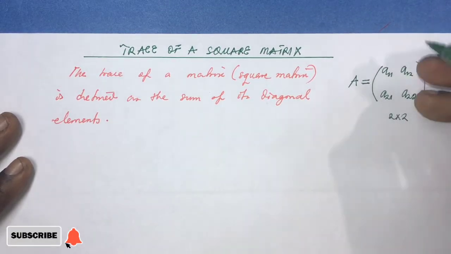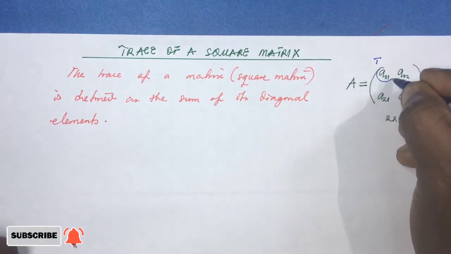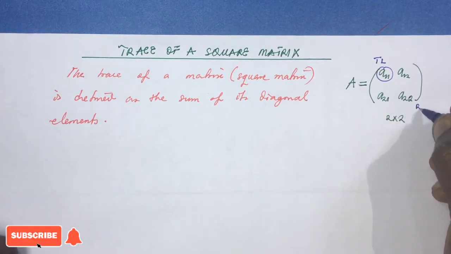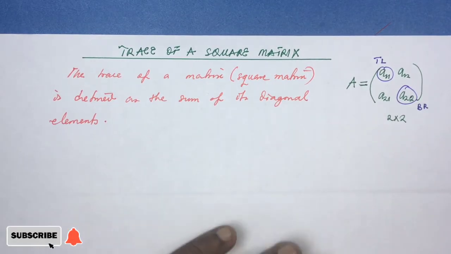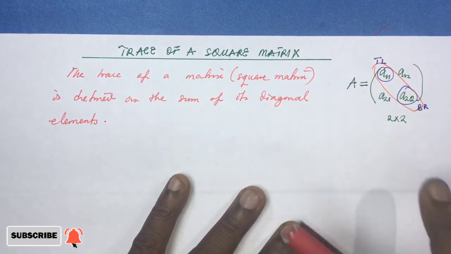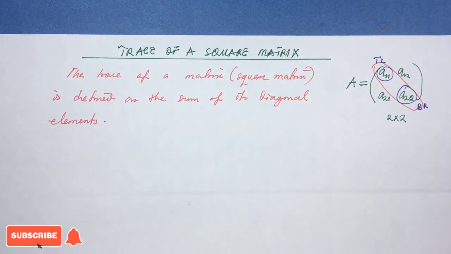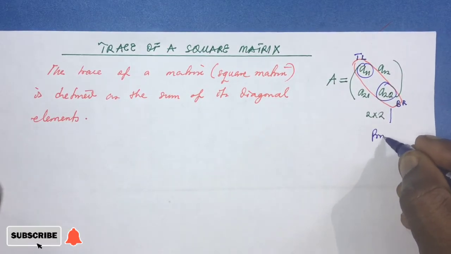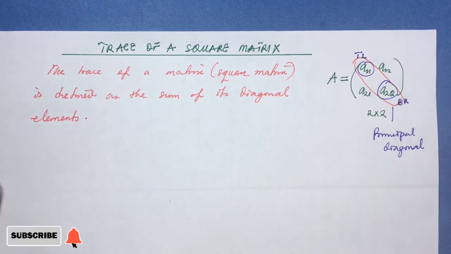Now take note, in this matrix there is the topmost left element and the bottommost right element. There is a diagonal that runs from the topmost left element to the bottommost right element. This diagonal is called the principal diagonal. This is just a quick reminder on what we have done.